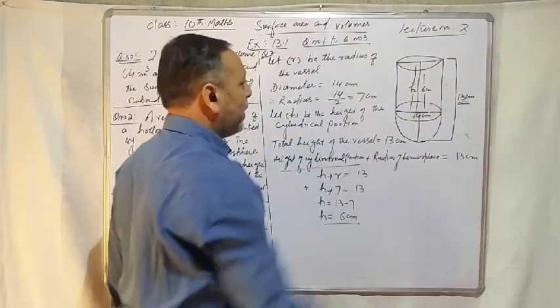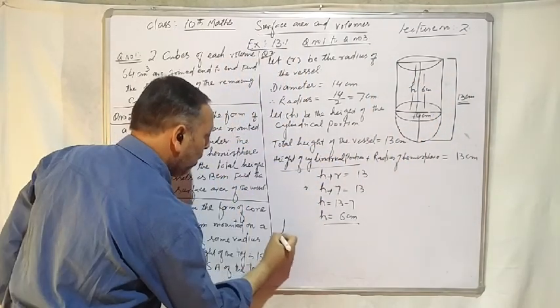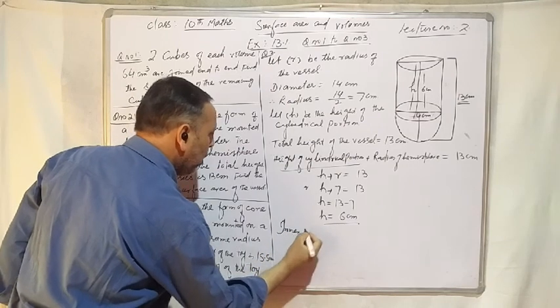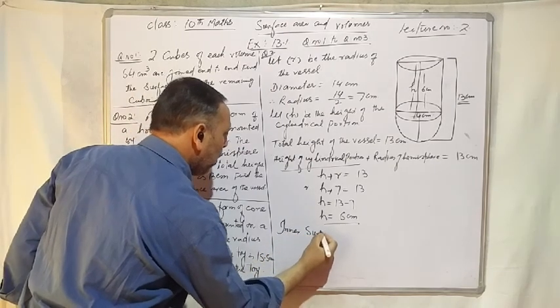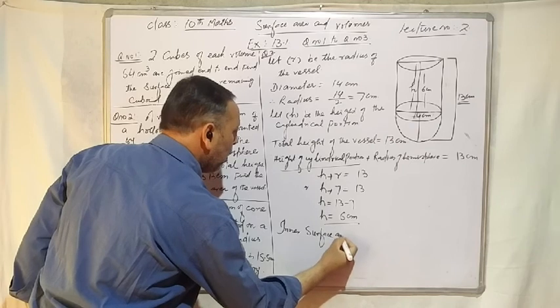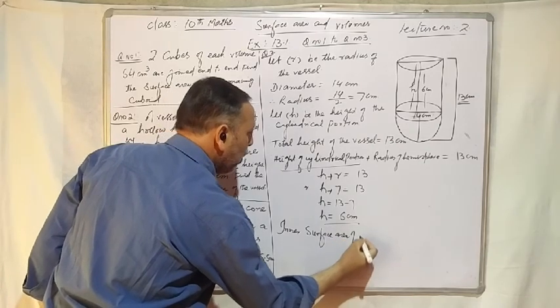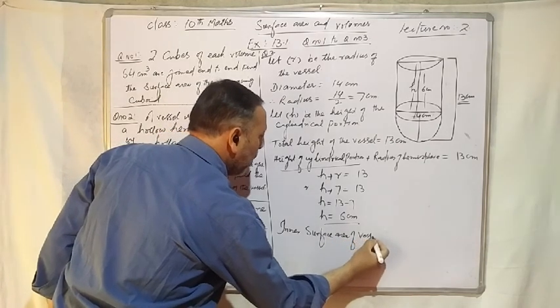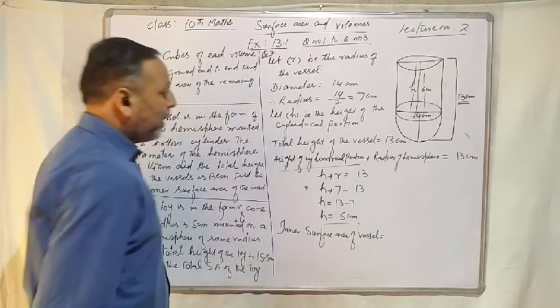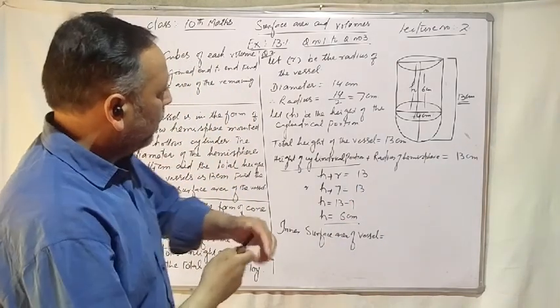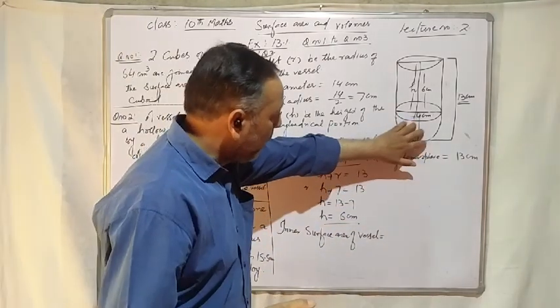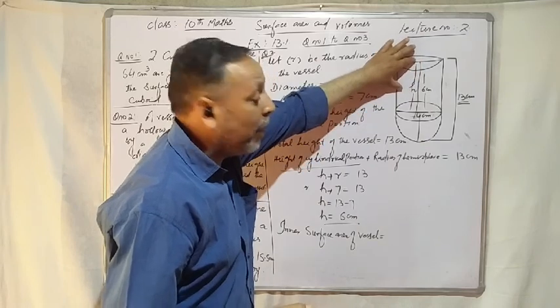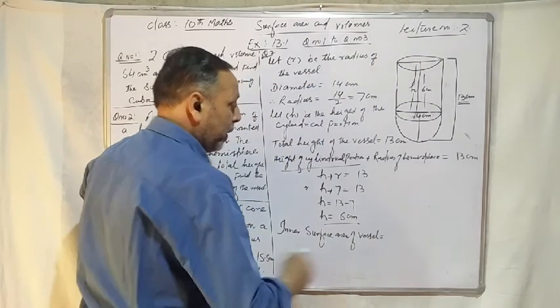Now inner surface area of the vessel. Inner surface area of the vessel will be surface area of hemisphere plus surface area of cylinder.